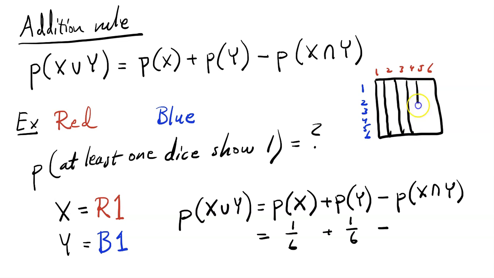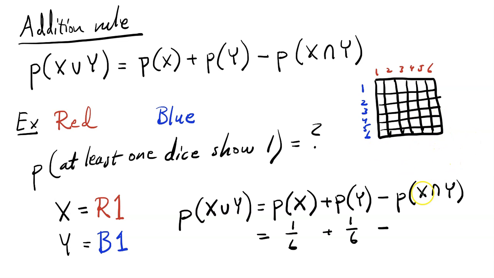So we divide up into 6 columns and 6 rows. So this means that, for example, this square here corresponds to the red die showing a 3 and the blue die showing a 2. And for example, the one down here in the corner, that both dice show a 6.